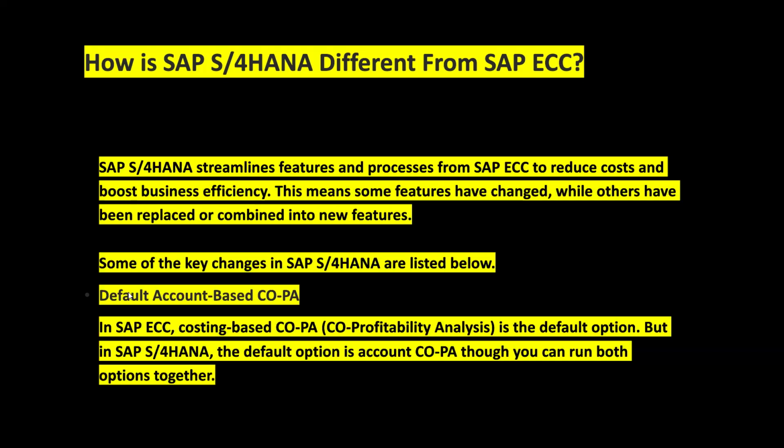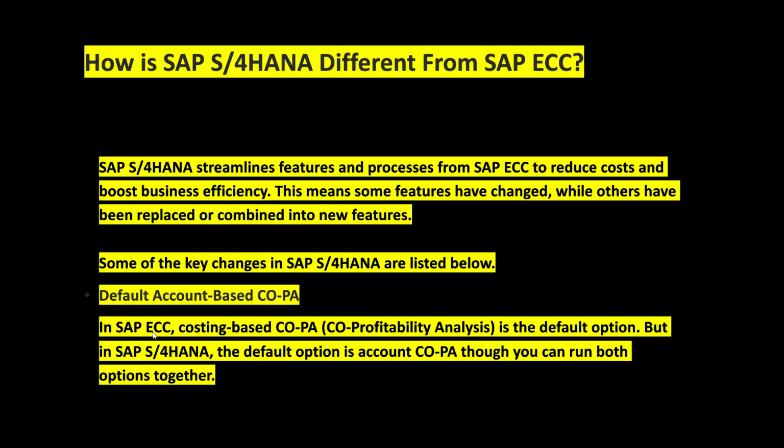So we're going to be looking at this from the finance side. In the SAP ECC, the default would be account-based costing profitability analysis, right? Well, that is what we have noticed in the SAP S/4.